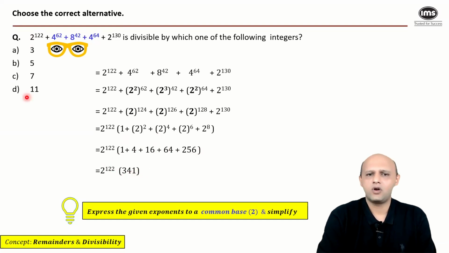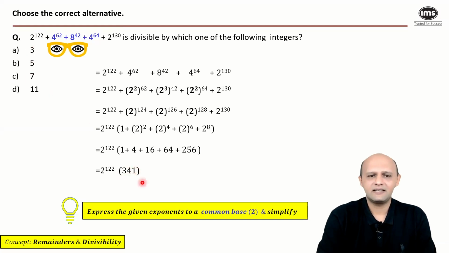The given numbers are odd numbers. So essentially 2 raised to 122 will have no role in ensuring that they are divisible. Now just check the divisibility of 341 by 3, 5, 7 and 11. Is this divisible by 3? Sum of digits? No. 3 plus 4 is 7, plus 1 is 8. So the sum of digits is 8, so it's not divisible by 3. Is this divisible by 5? Clearly not, because it's not ending with a 5 or 0.